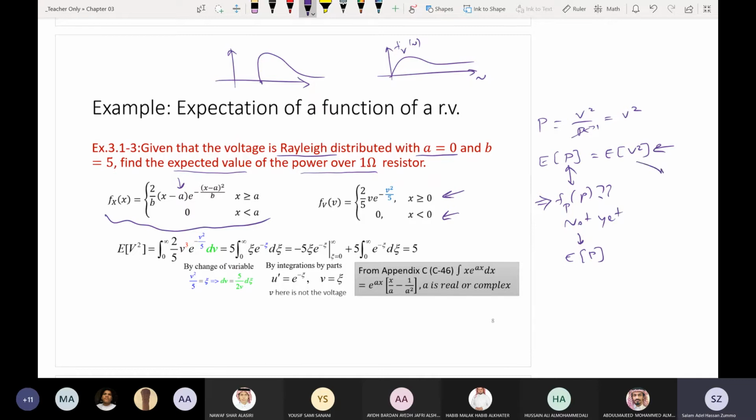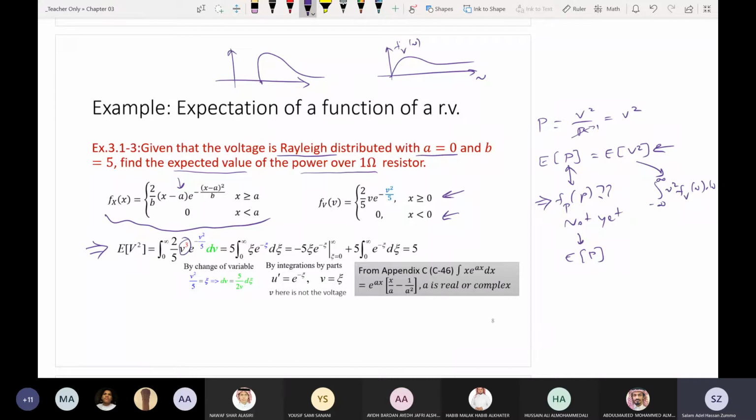And this we can do using the expected value, using the integral from minus infinity to infinity of V squared F of V dV, as we learned before. When we do that, we end up with an integral from 0 to infinity of the PDF multiplied by V squared.